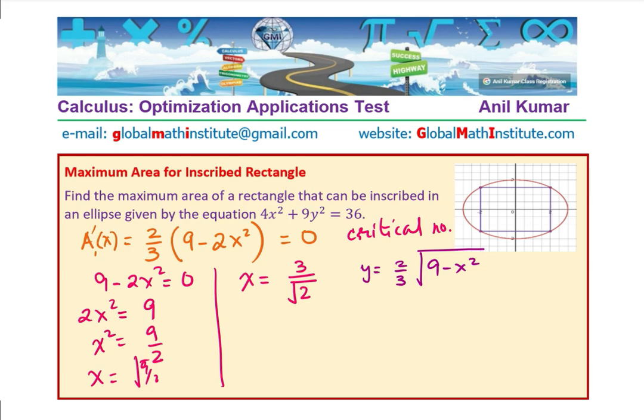So let us substitute the value of x to find the value of y. The x squared value is 9 by 2, so we could use this value.